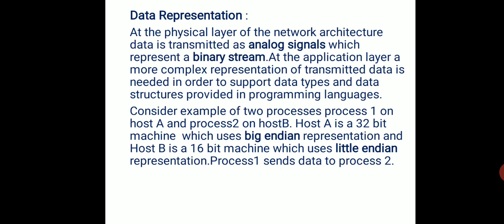Host B is a 16-bit machine. So host A follows big endian representation and host B uses little endian representation to send and receive data. Process 1 sends data to process 2.